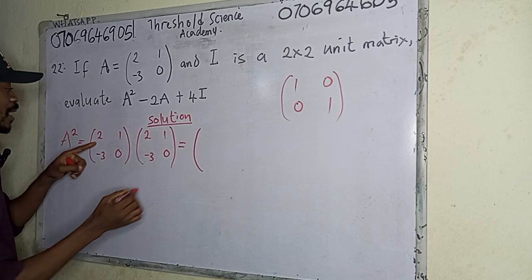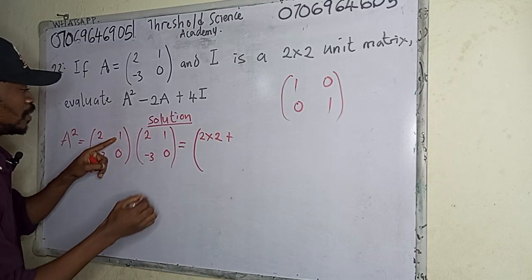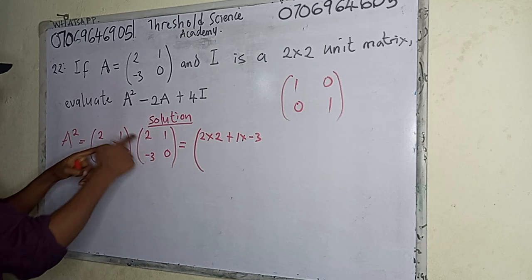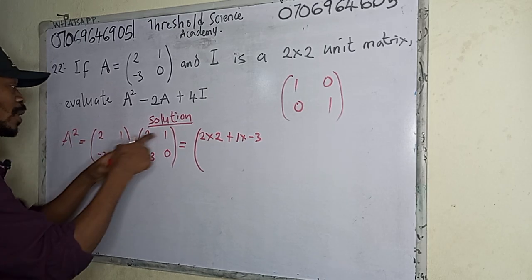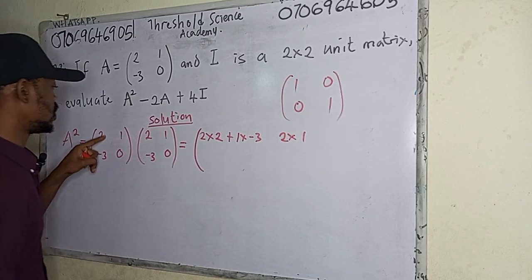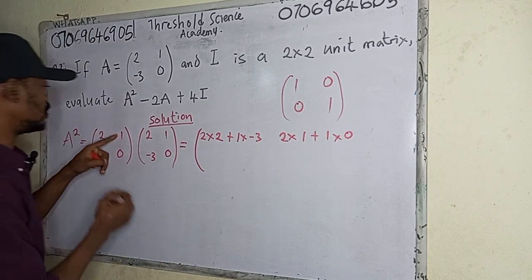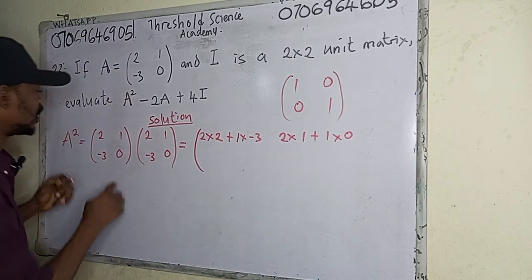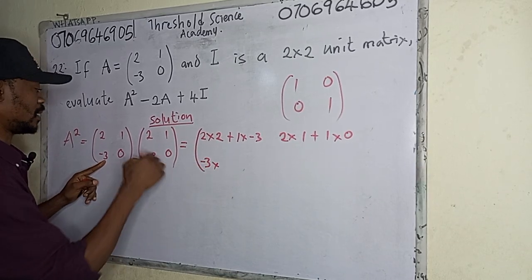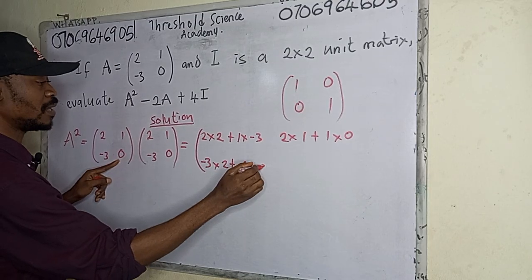First row, first column. That's 2 times 2 plus 1 times negative 3. I'm done with the first row and the first column. Now the first row and second column: 2 times 1, plus 1 times 0. Then second row and first column: minus 3 times 2 plus 0 times minus 3.